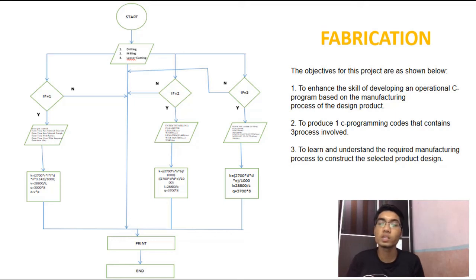For the explanation about the C code programming, according to our flow chart, we must choose three options, which are drilling, milling, and laser cutting. So just key in the numbers 1 until 3, and it will be followed by the formula based on the process.